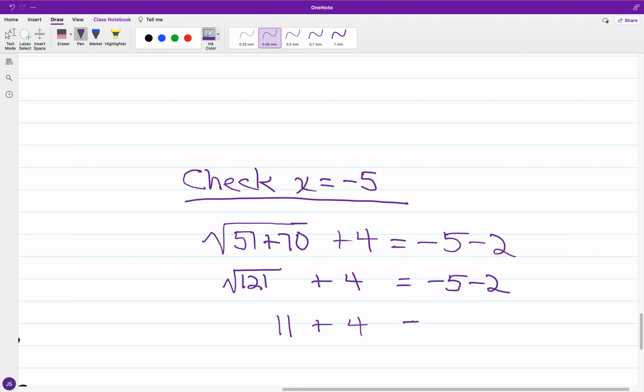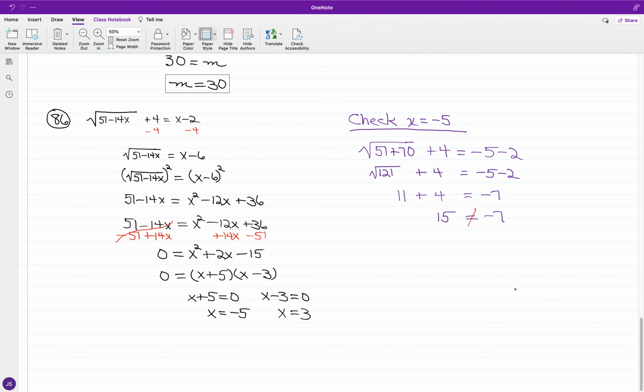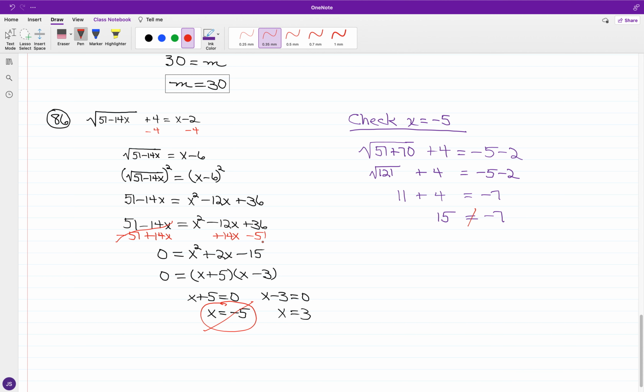So you got plus 4, negative 5 minus 2 is negative 7, and 11 plus 4 is 15, and on the right hand side we have negative 7, so we have inconsistency. What this means is that the value negative 5 is not going to check out. There was a potential for there to be two solutions, but with negative 5 not checking out, that means we are going to have at most one solution.